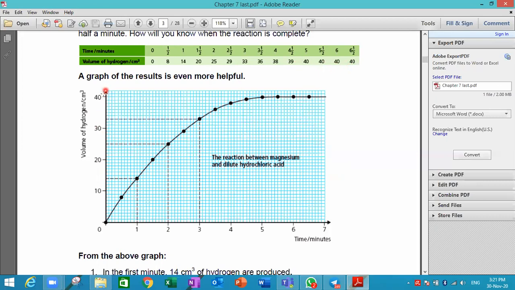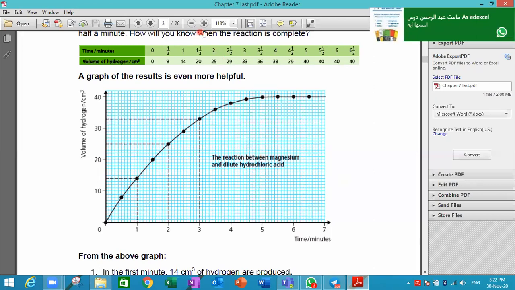If we draw the volume of hydrogen gas in centimeter cube against the time in minutes, we will find that we get this curve: at the beginning we had 0 hydrogen gas, and with time the volume of the hydrogen gas increased until we reached a point where no more hydrogen gas will be produced, which means that all the reactants, such as magnesium, have already reacted. And so we measure the time at which the reaction was complete.